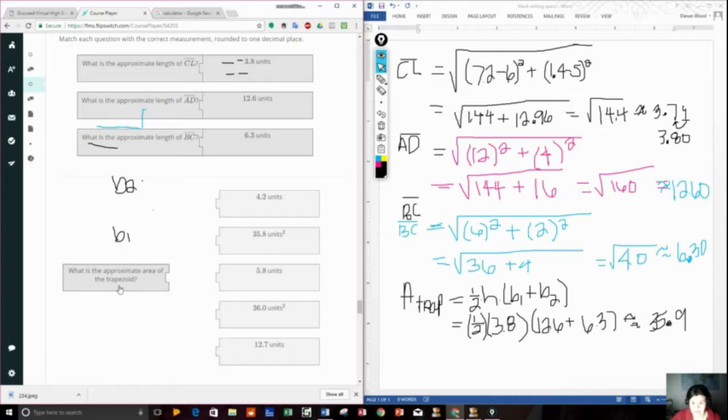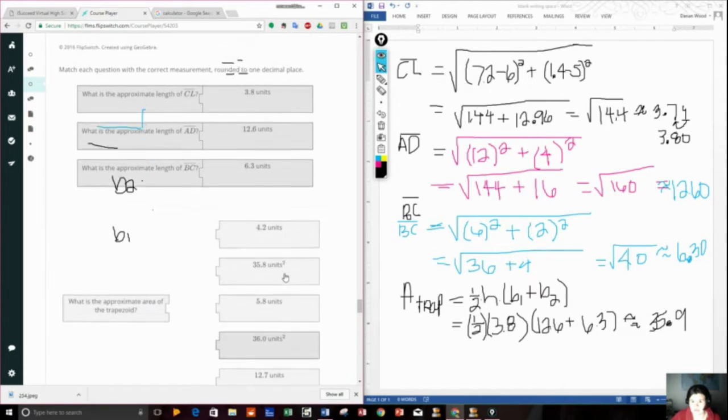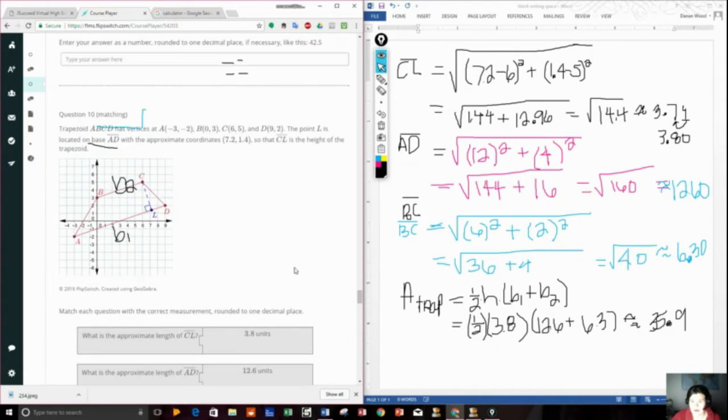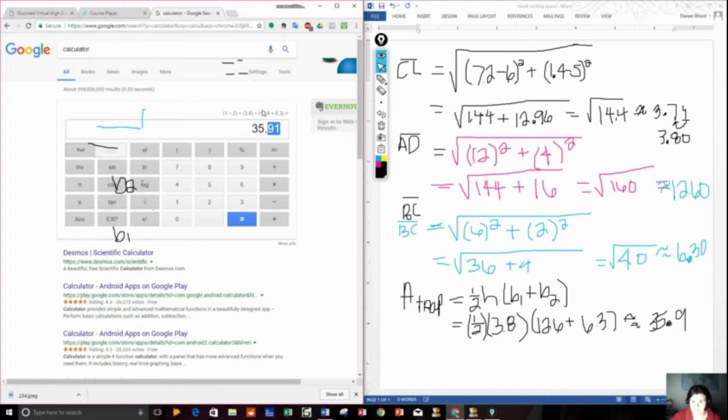Oh, I see what they did here. This is 35.8 units squared, or 36.0 units squared. 3.8, 12.6, 6.3. 35.9.